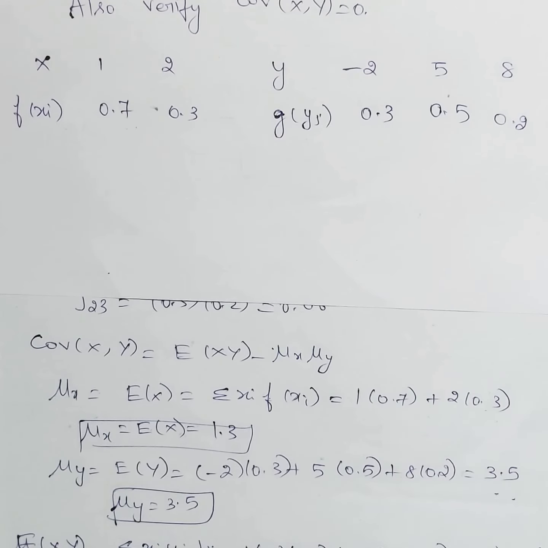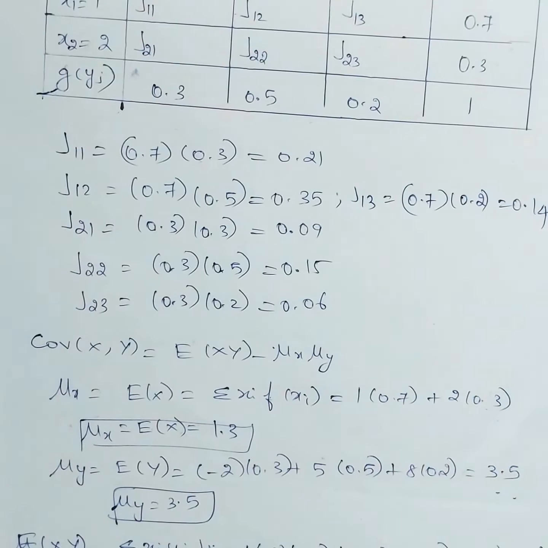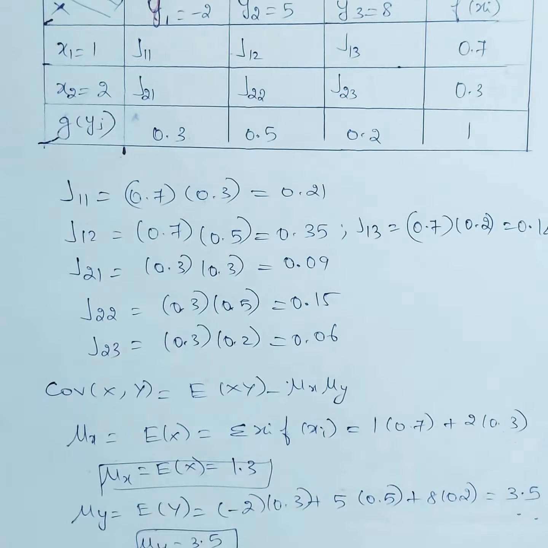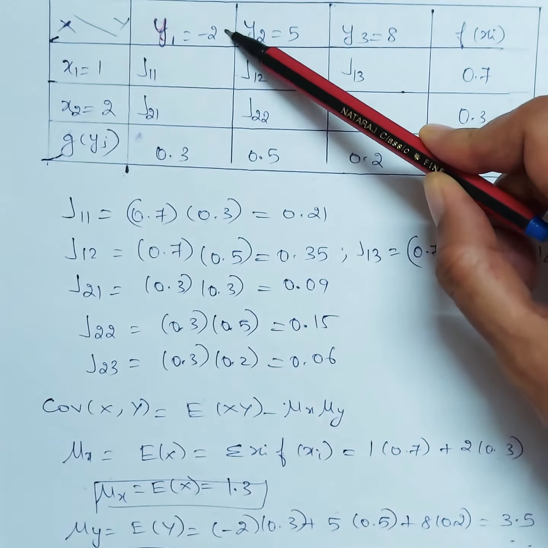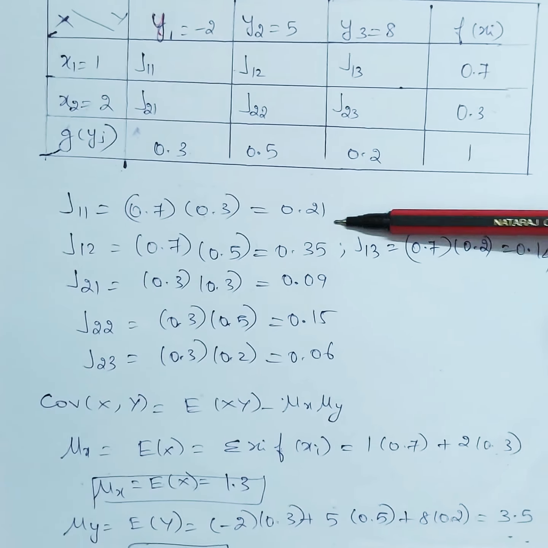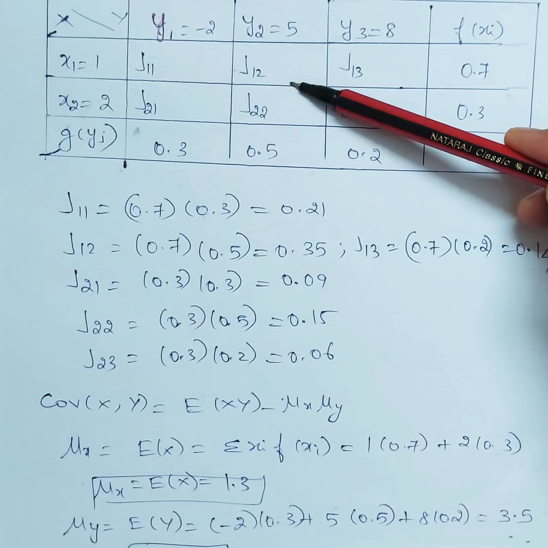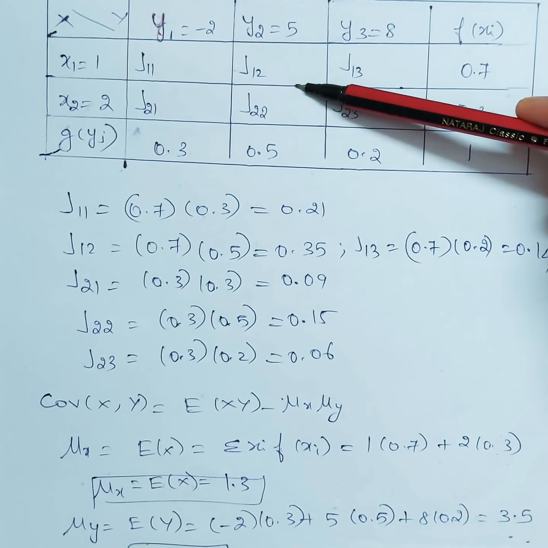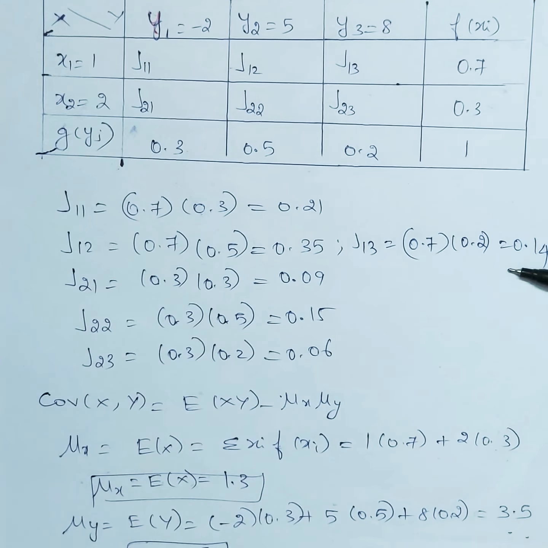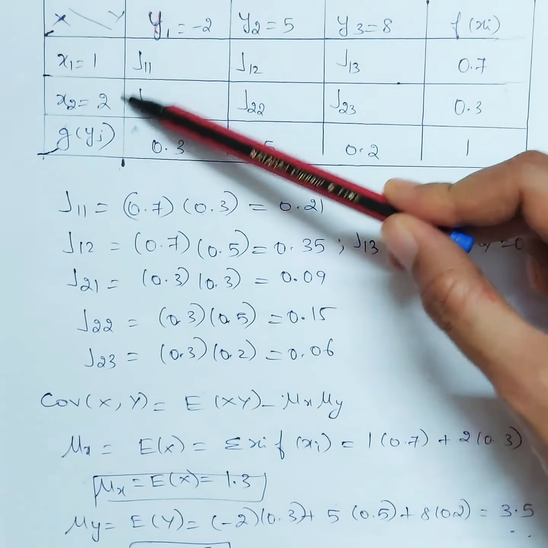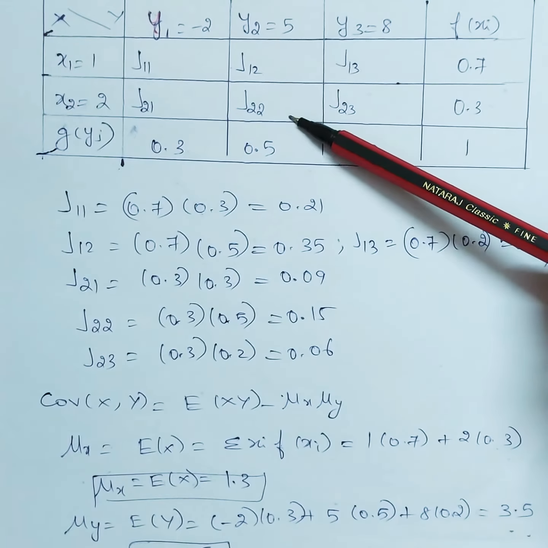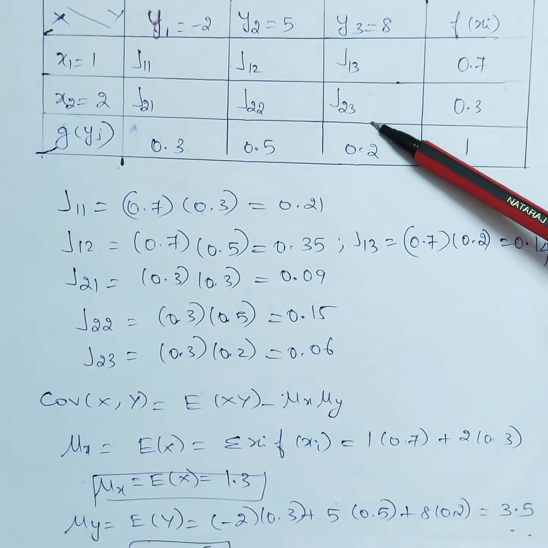For expectation of xy, we will use this joint probability table. What is expectation of xy? 1 into minus 2 into j11, the j11 value we got as 0.21, plus 1 into 5 into j12, j12 is 0.35, plus 1 into 8 into j13, j13 we just got as 0.14, plus 2 into minus 2 into j21 plus 2 into 5 into j22 plus 2 into 8 into j23.